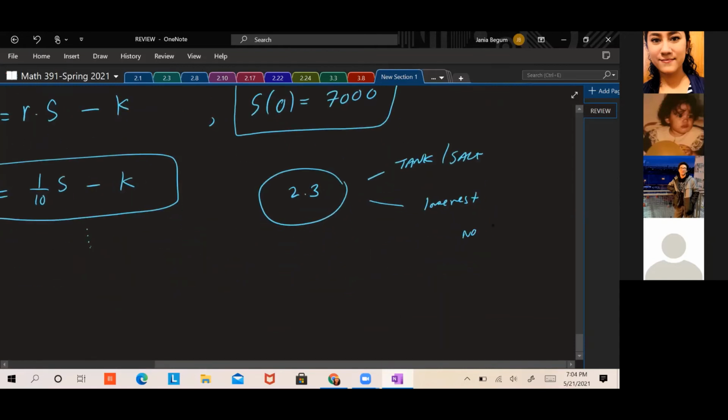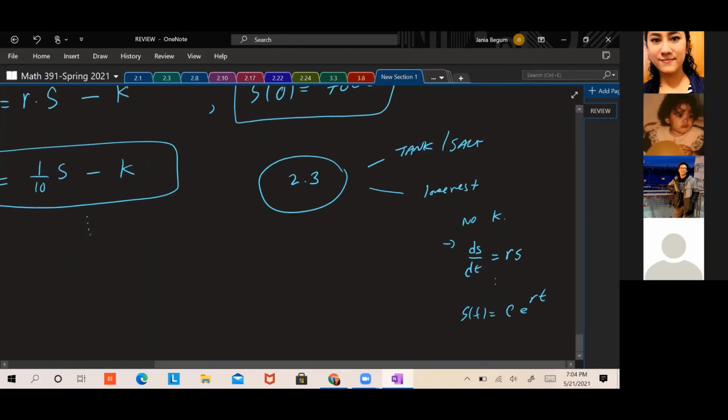If there is no K involved, it's just the regular growth and decay, which we always do in pre-calculus class. So you're assuming that ds/dt is equal to r times s, and then your function is just going to be c e to the rt.